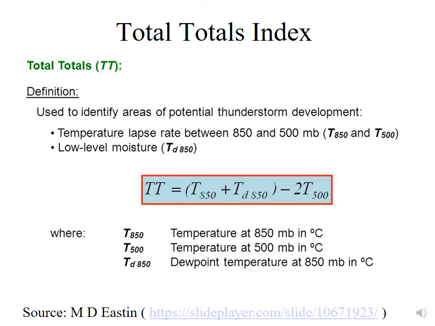So once again, we're doing these temperatures in degrees Celsius. So it's combining the temperature at 85 kilopascals plus the dew point and subtracting off 2 times the temperature of the environment at 50 kilopascals.